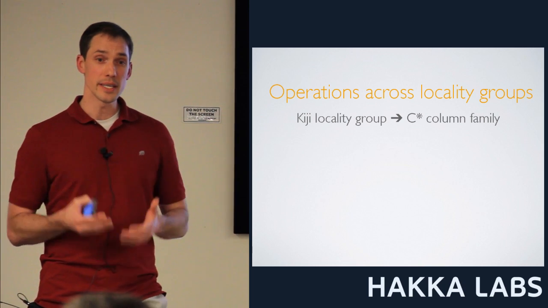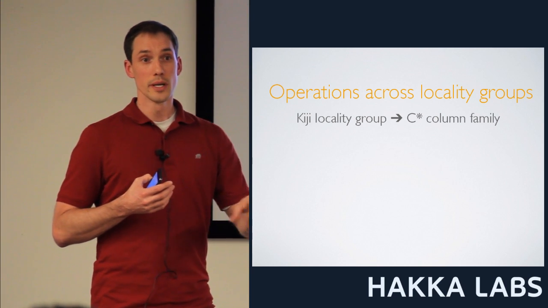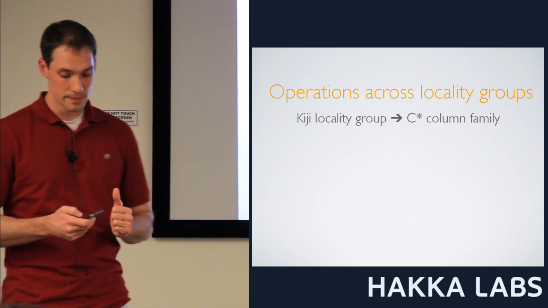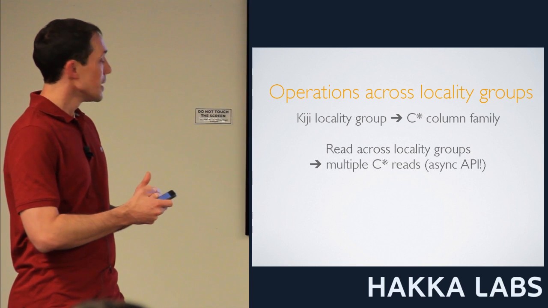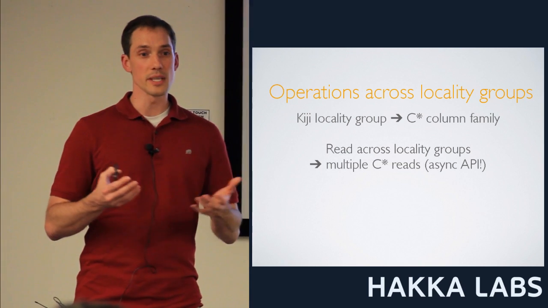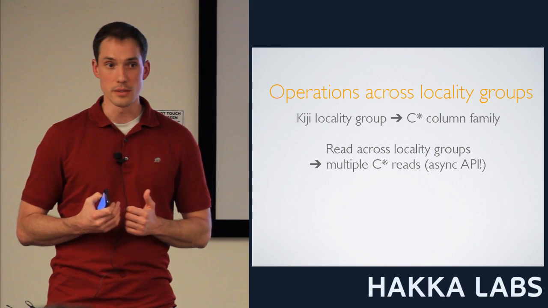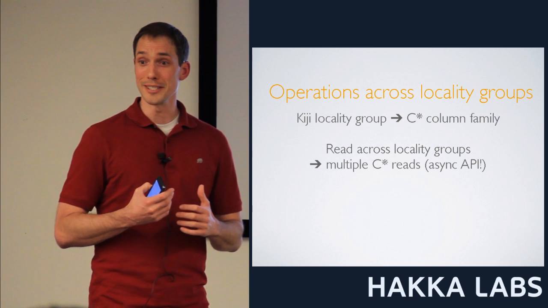So if we have a read in Kiji that goes across multiple locality groups in the same row, that means we need to have a read in Cassandra that goes across multiple column families. To implement this, we just have to issue multiple reads in Cassandra, since there's no mechanism to read from multiple column families at the same time.